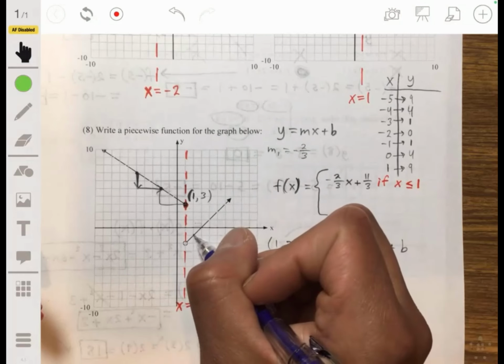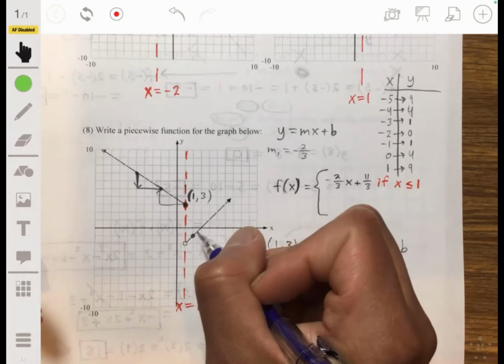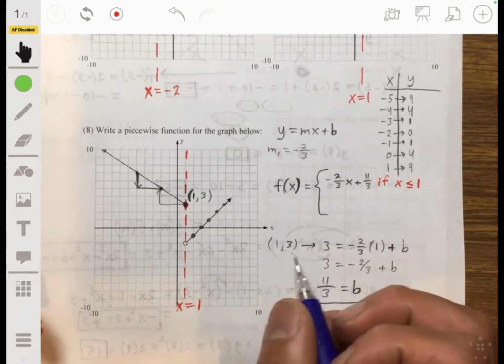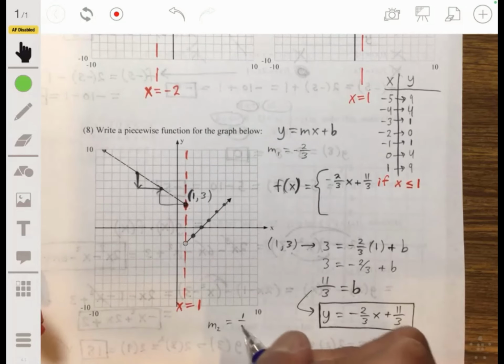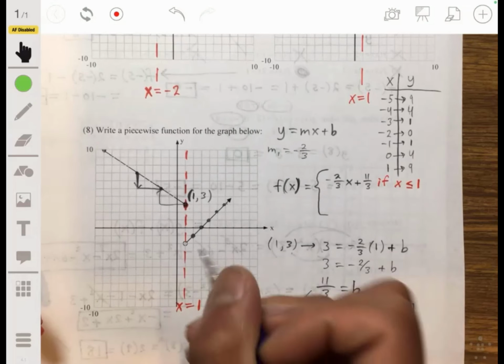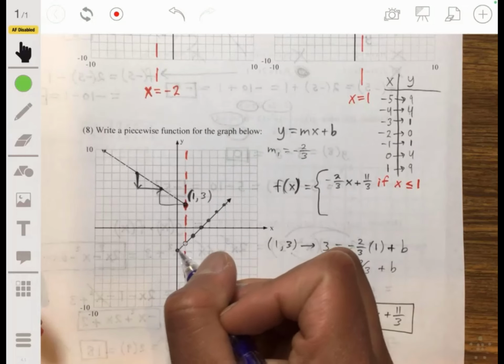Now the next graph here, where the slope is going to be 1. This is pretty simple. Slope is 1/1 or just 1. And don't put the y-intercept as negative 2. The y-intercept would be what would happen if you kept on going.